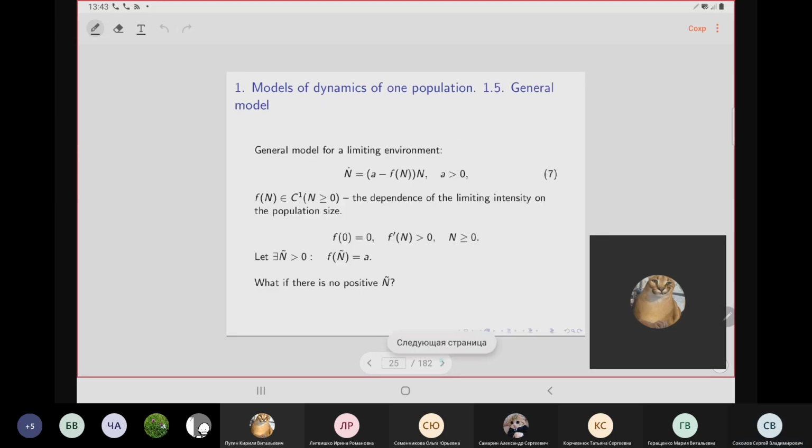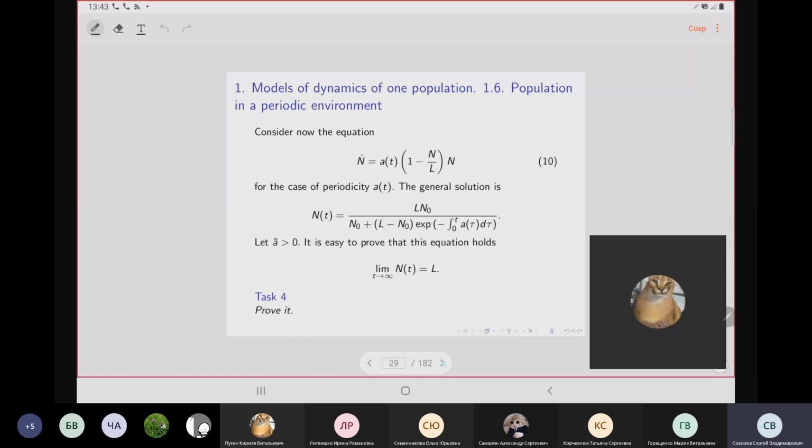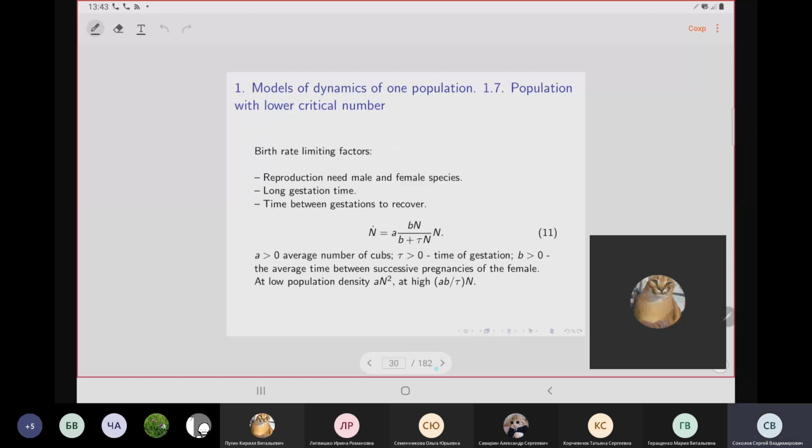So we have to modify the model, and we'll take into account these effects. First of all, as I said, the reproduction needs male and female species. The second, mammals have a long gestation time.